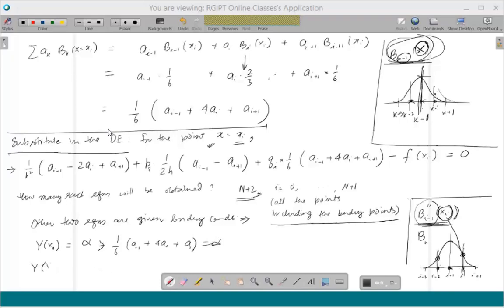And y at x_{n+1} is equal to beta, which implies a_n + 4a_{n+1} + a_{n+2} equals beta. These are the two additional equations I will get.